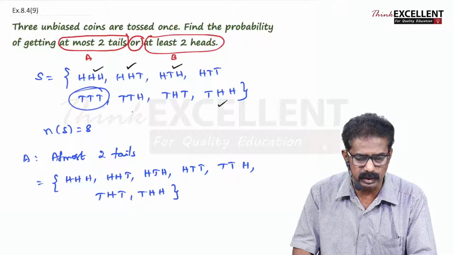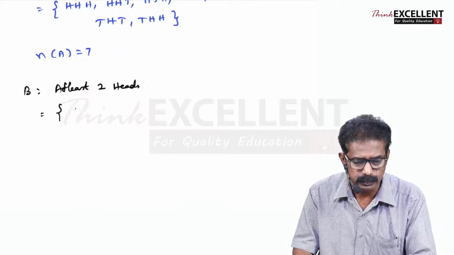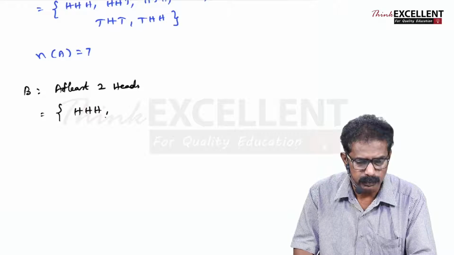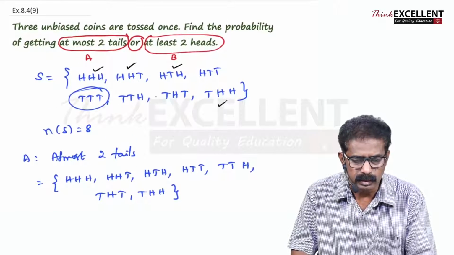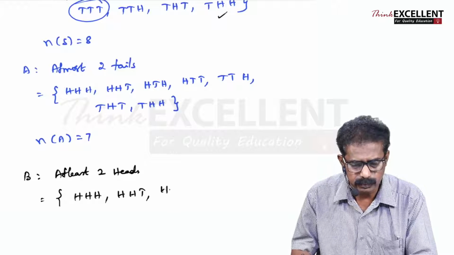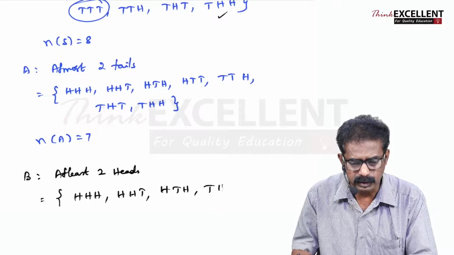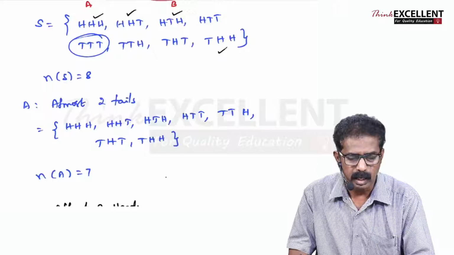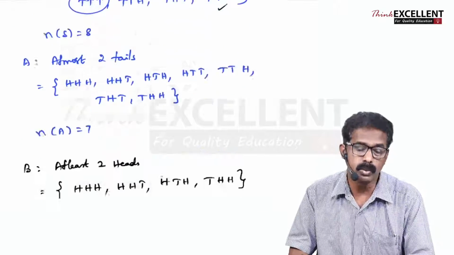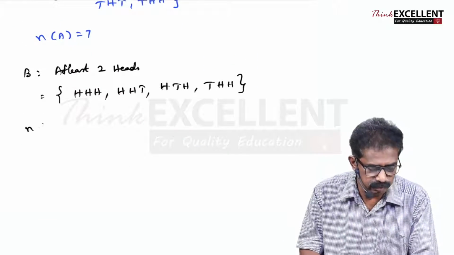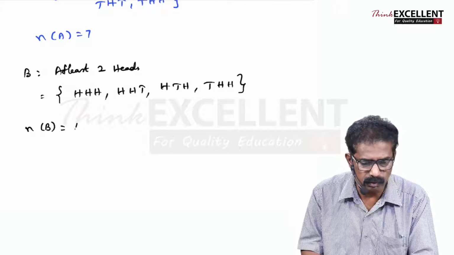So these are the 4: HHH, HHT, HTH, THH. At least 2 heads means 2 or more. So N of B is equal to 4.